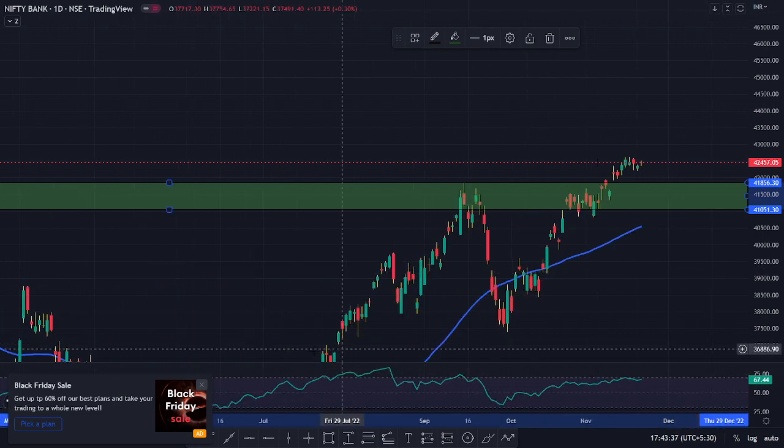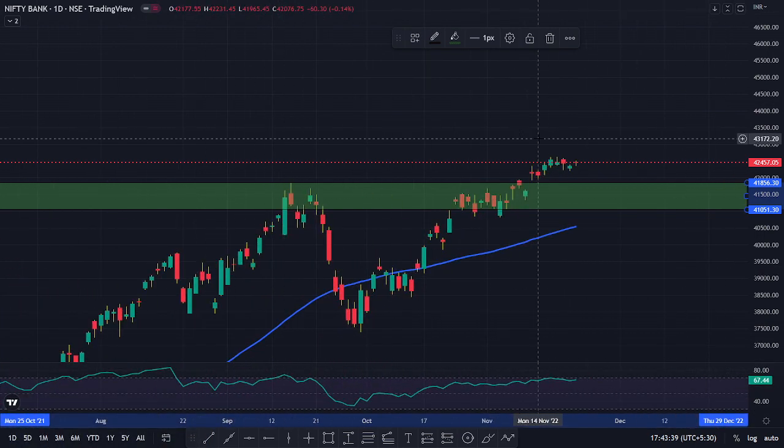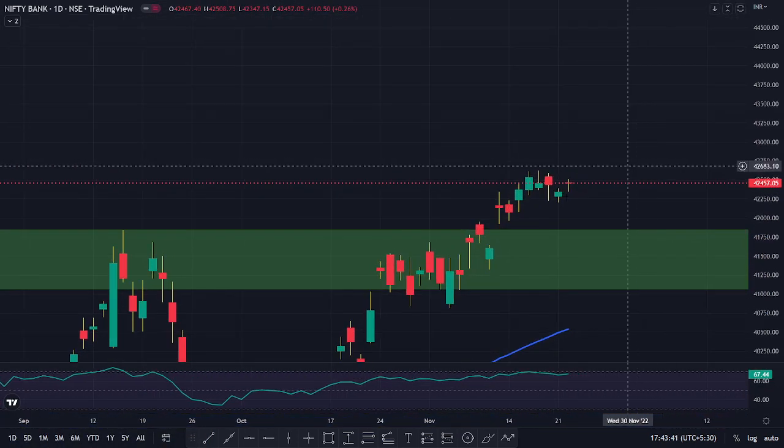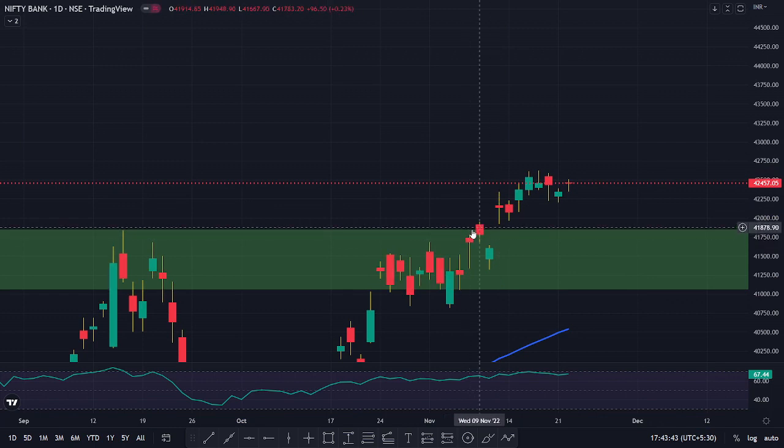Now, what happened is that 9th November was the first time Bank Nifty's all-time high was broken, and after this all-time high was broken, you immediately had a small one-day retracement to the downside, which is this candle.